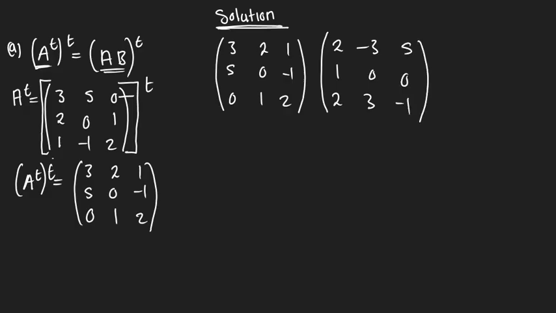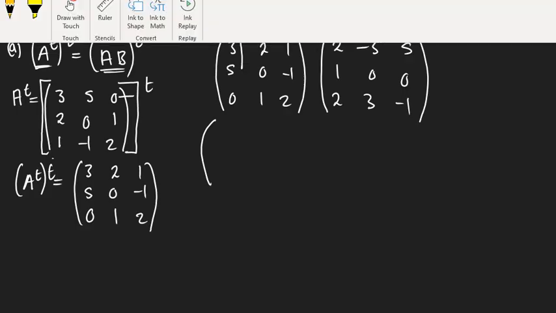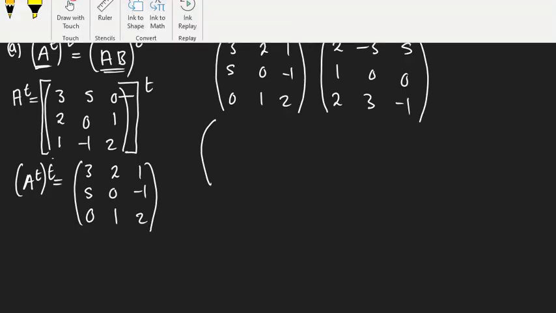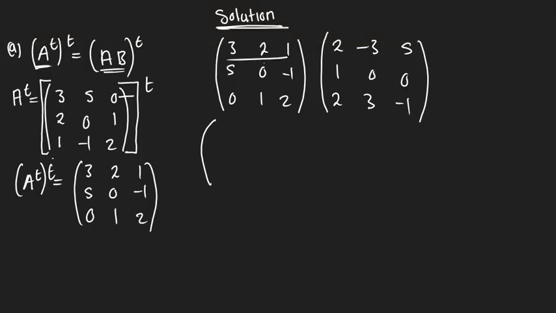Okay, now we can do our thing. It's always row by column. So we can start: 3 multiplied by 2, it's 6, plus 2 multiplied by 1, it's 2, plus 1 multiplied by 2, it's 2.